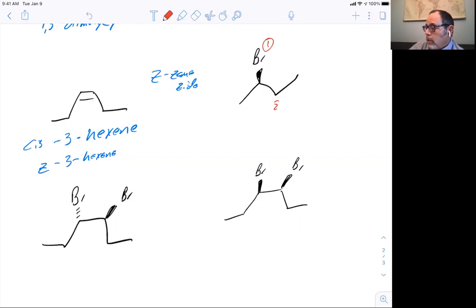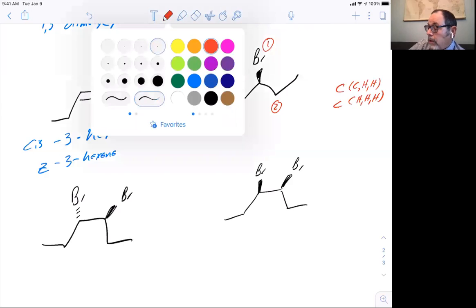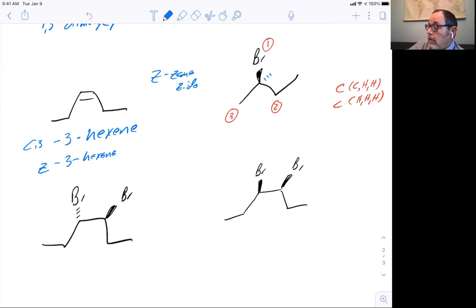and then 2, 3. This gets 2 because it's a carbon attached to a carbon and 2 hydrogens versus a carbon that's attached to 3 hydrogens. So we're using atomic number, not size. And for the atomic number, that's where we get the 1 and the 2. The one that's not shown is our hydrogen. Since the bromine is coming forward, the hydrogen's going back.